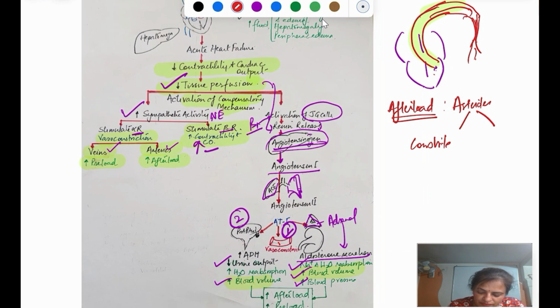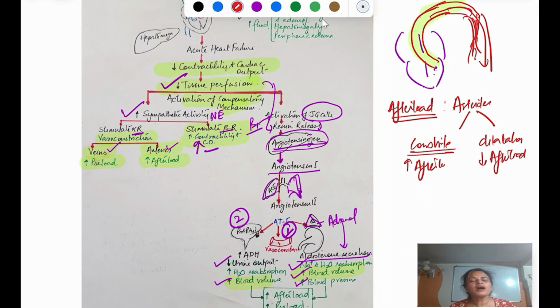That means arterial constriction is going to increase the afterload. Whereas dilatation or relaxation is going to decrease it. If it is dilated, then the blood will move easily. So dilatation is going to decrease the afterload. So this is about the afterload.